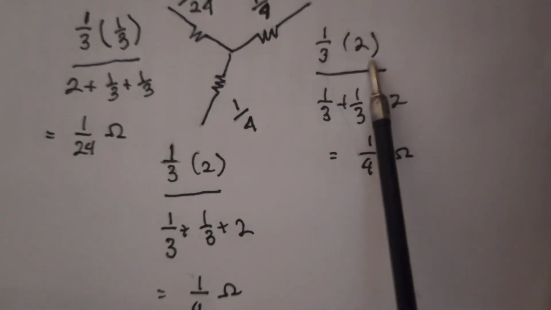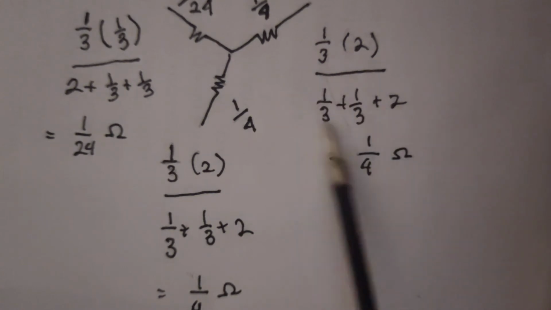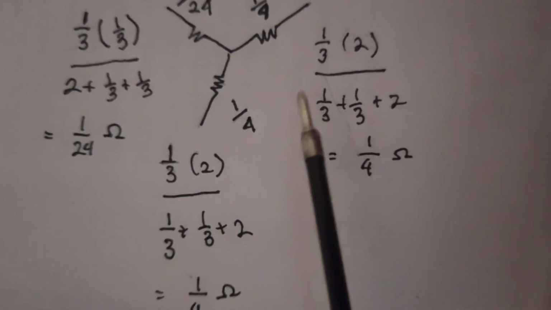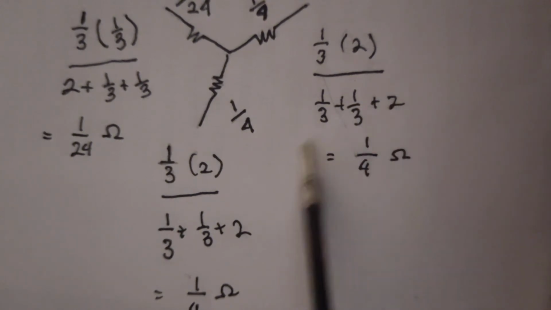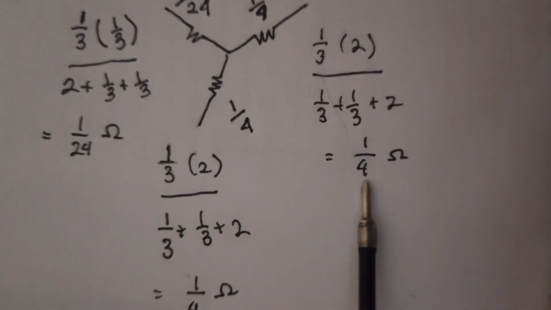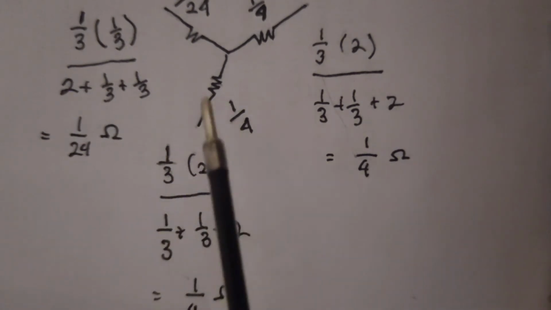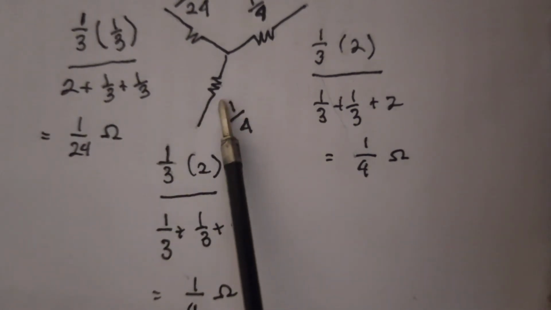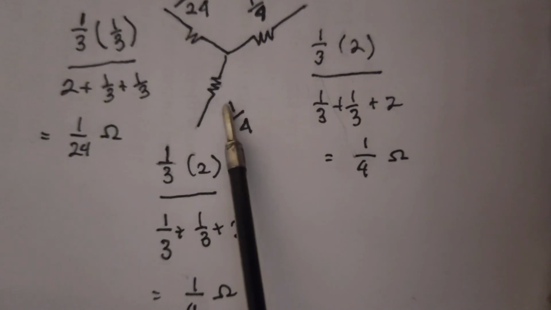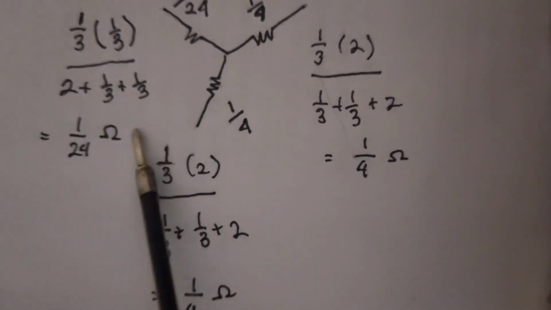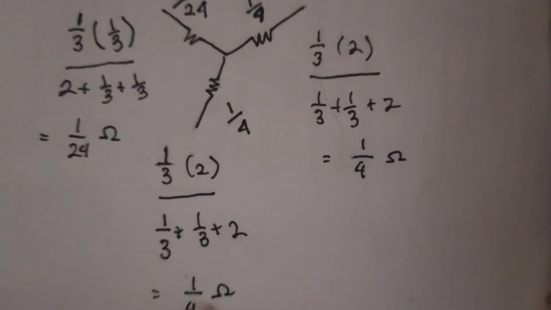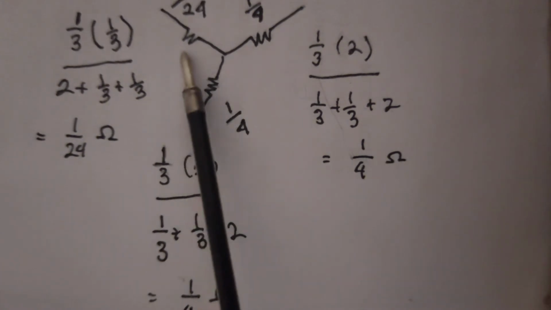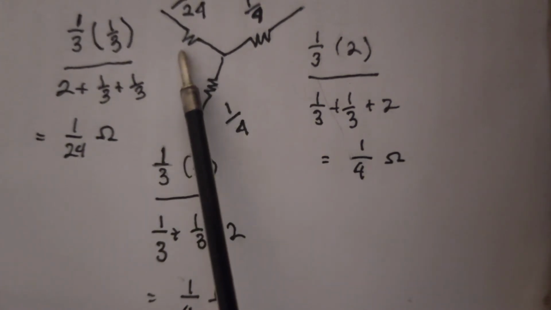So I multiply them and divide them by the total resistance, which is 1 over 3 plus 1 over 3 plus 2. So I got 1 over 4 ohms. Same goes for this, since its adjacent resistances are still 1 over 3 and 2. So they got the same value.